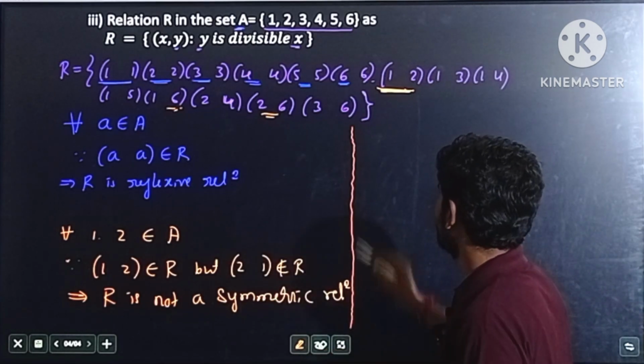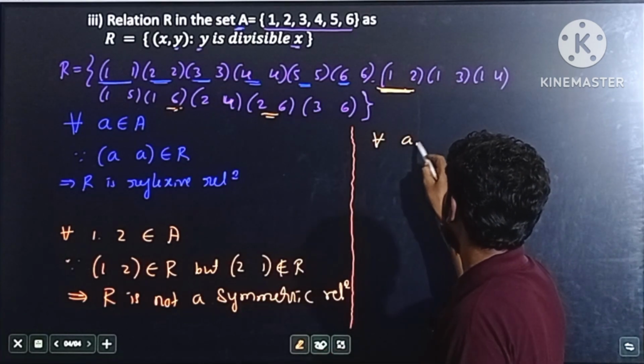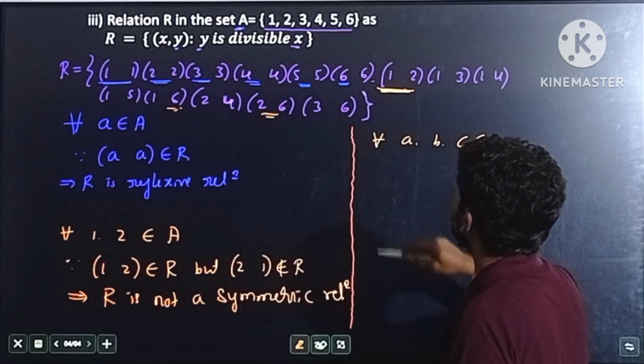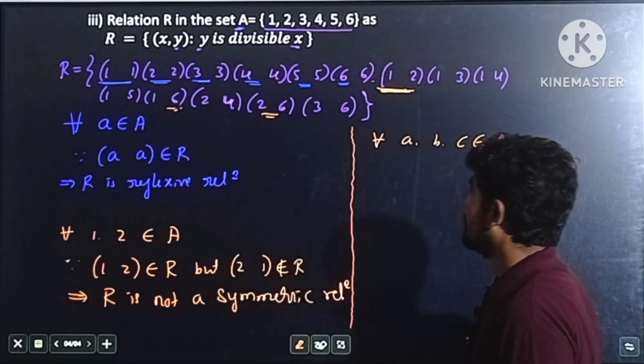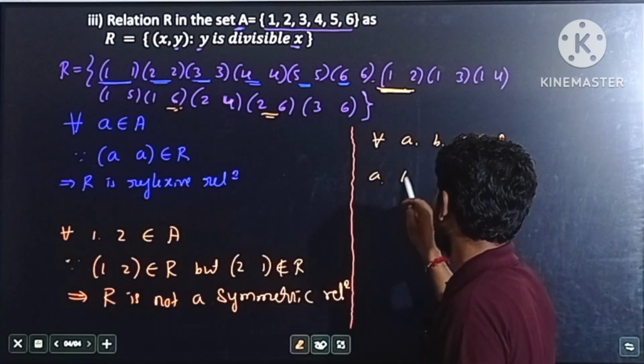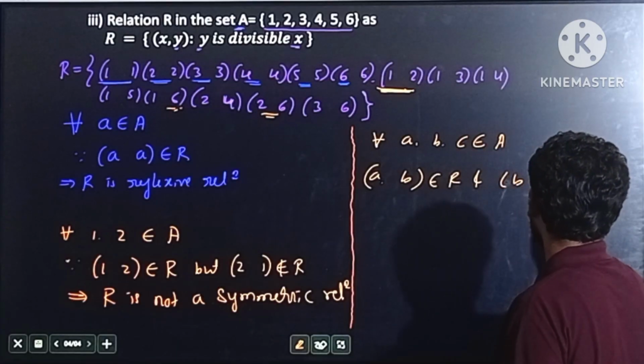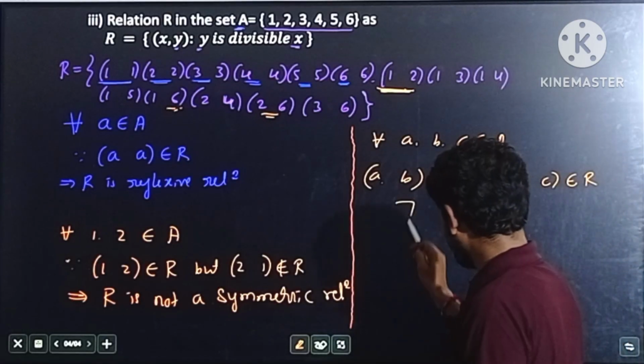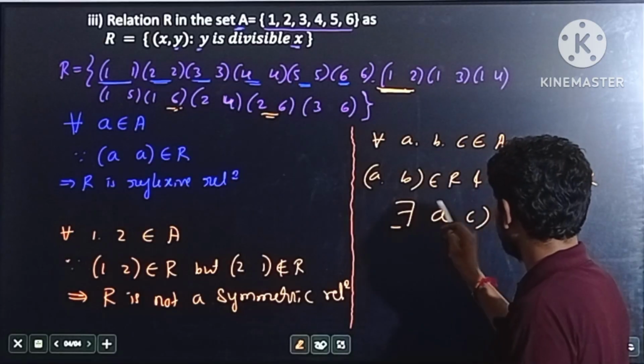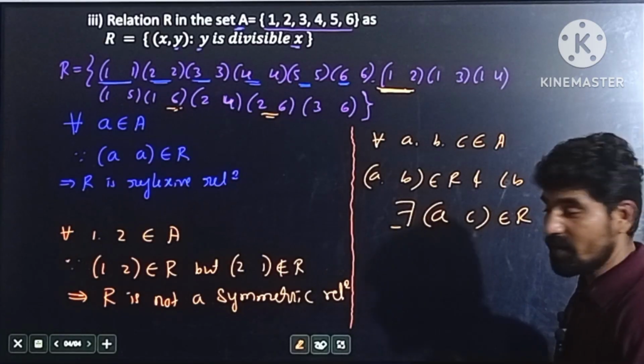So for that, let us consider: for all a, b and c belonging to the defined set A, if the pairs (a, b) belong to R and (b, c) belong to R, then there exists the pair (a, c) in the relation R. So you may give an example.